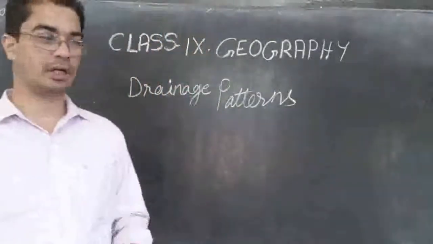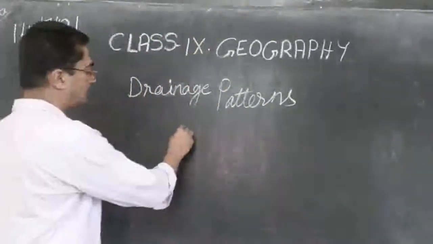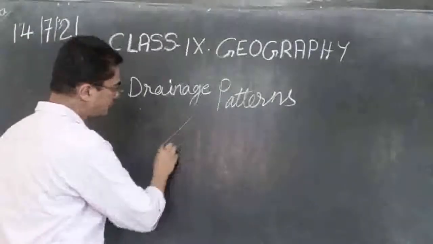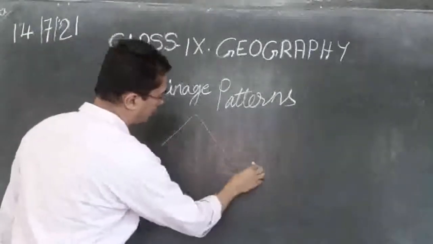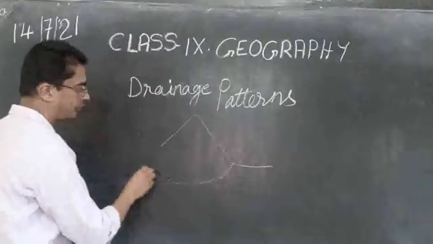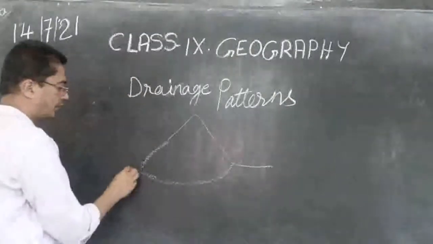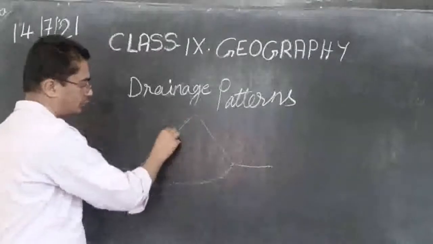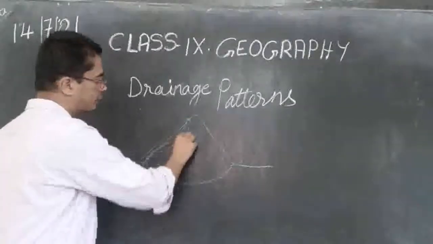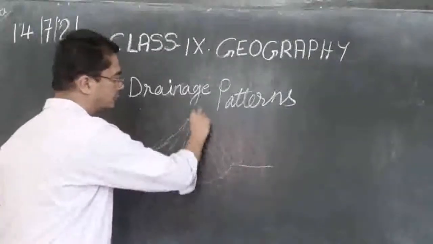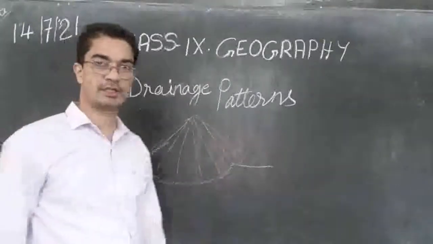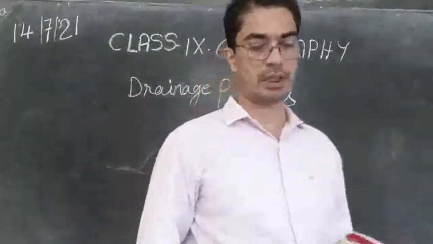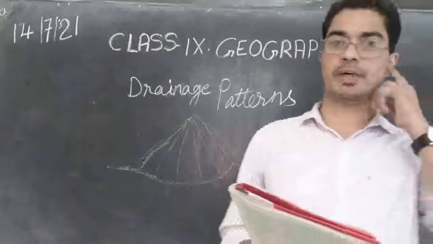Suppose this is a hill and all the surroundings are plain land. The small streams will be flowing this way. That is called the radial pattern.